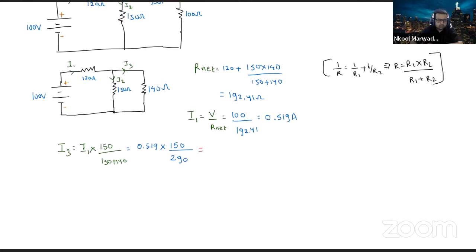That is something like 0.268 ampere. And this is the current flowing through the 100 ohm resistance. One more question we will do.